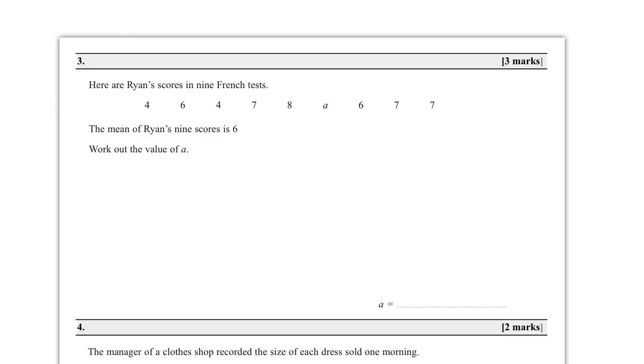Okay, so question 3. This is where we now start to get a bit more problem solving. Ryan scores in 9 French tests. So it already tells us the total number of scores we have, 9. The mean of the 9 scores is 6. So that means when we add them all up and divide them by 9, we get 6.